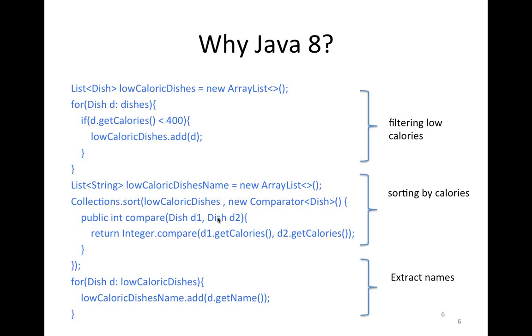So all of this code is taking a lot of space, so you need to spend a lot of time to understand what it does. But if you look at the right side of my slide, you can see that what we do is actually filtering low-calorie dishes, then sorting them, and finally extracting the names. That takes just 10 seconds to understand what the code does if it's documented this way.